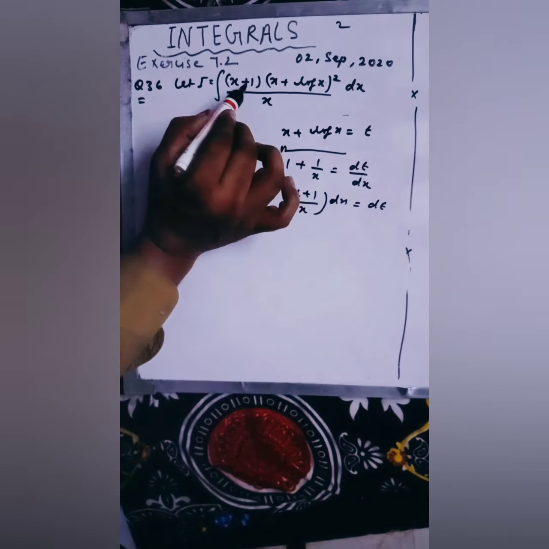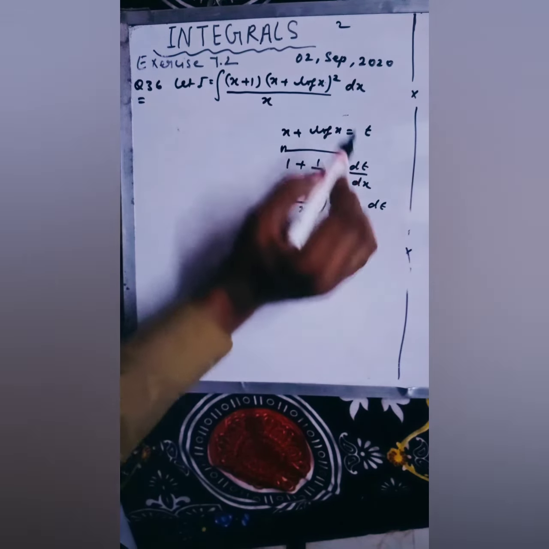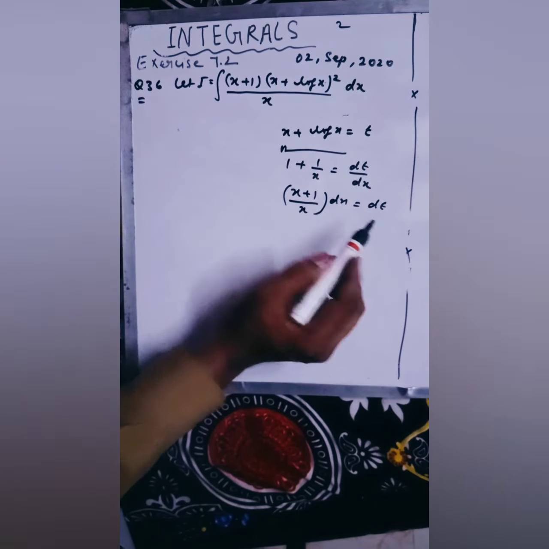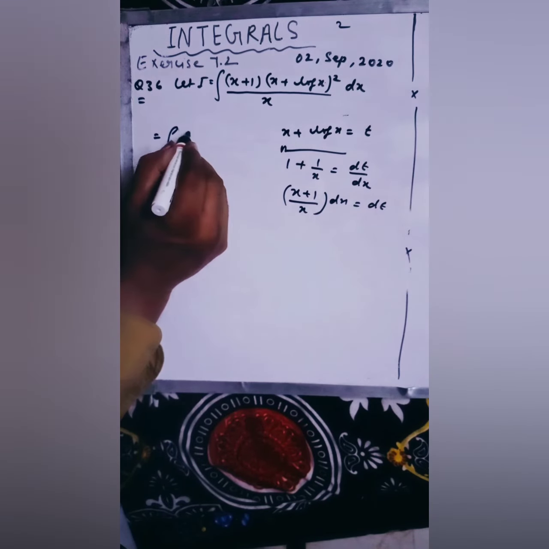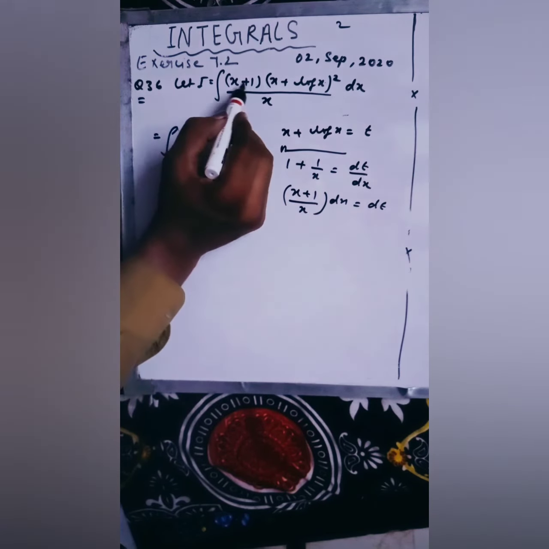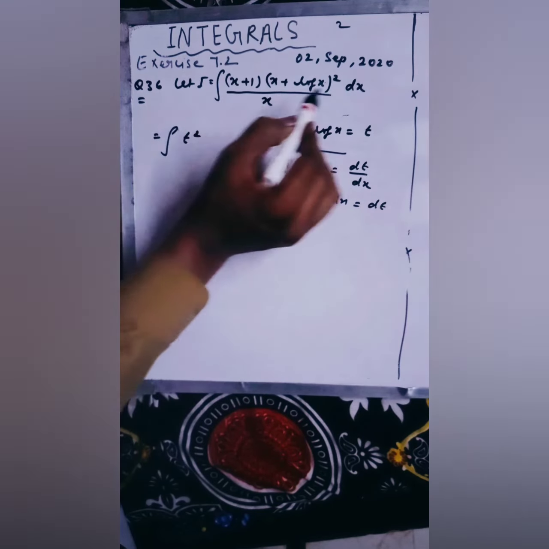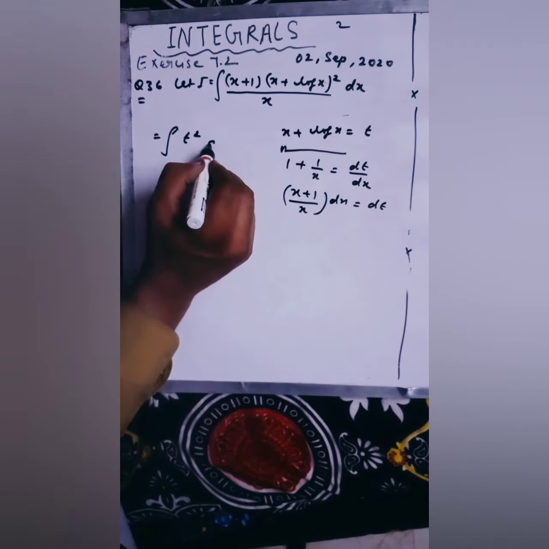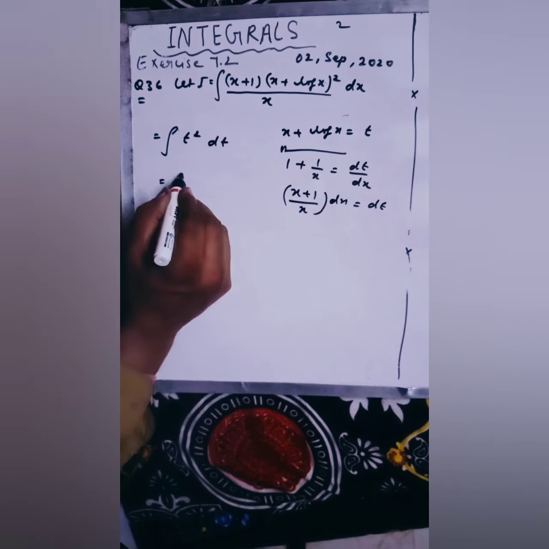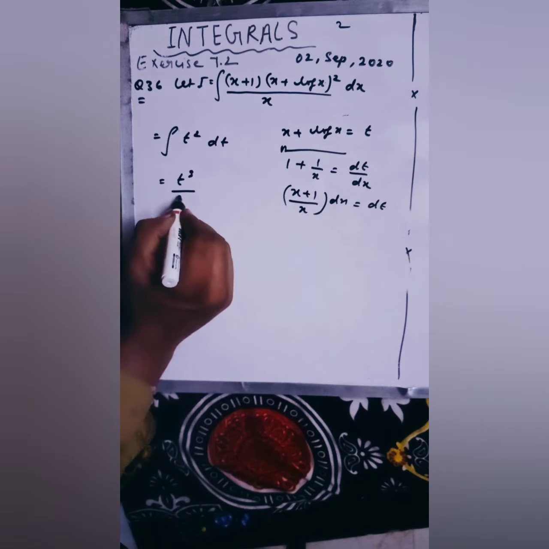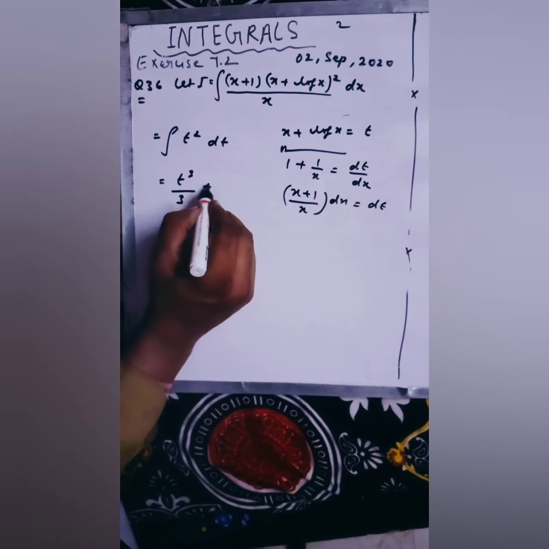Okay, so as you can see, this part x plus 1 over x into dx is equal to dt. So x plus log x would be t square, and this part x plus 1 over x into dx is your dt. So I am writing dt here. So simply you have to integrate this: t cube over 3 plus c.